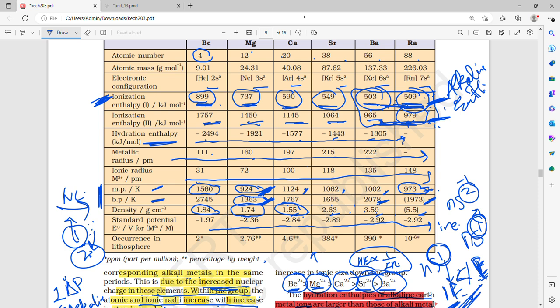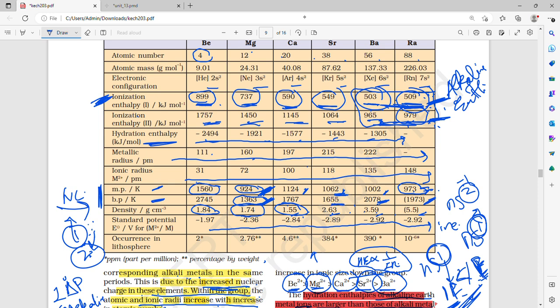For calcium, the melting and boiling points are both higher than those of magnesium. Then the melting point of strontium is lesser than calcium, barium is even lesser and radium is the smallest.